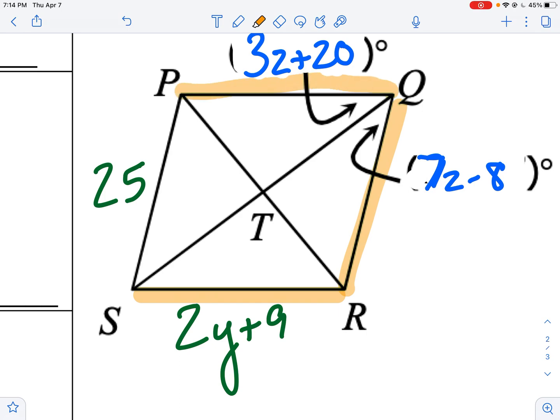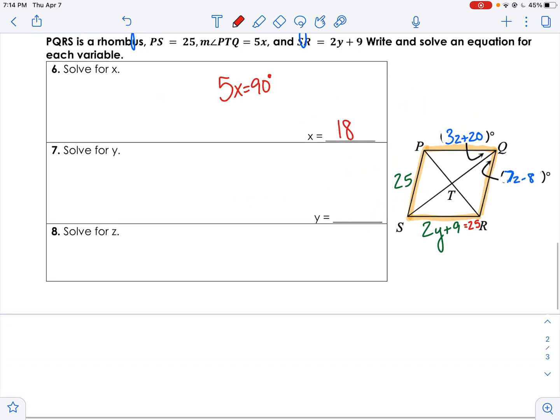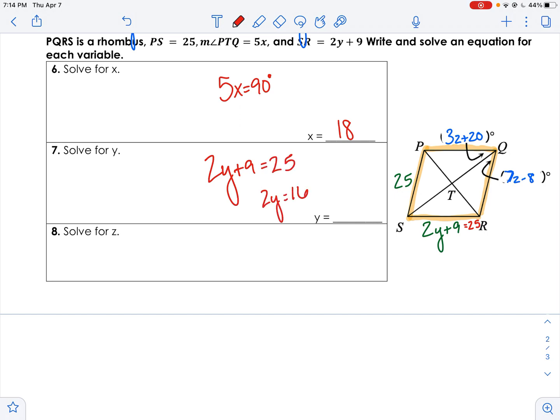I don't know what this is, but hey, that's 25. So if this is 25, then that's 25, and QR is 25, and SR should also be 25. So I can say that 2y plus 9 equals 25, or 2y equals 16, or y would be 8.